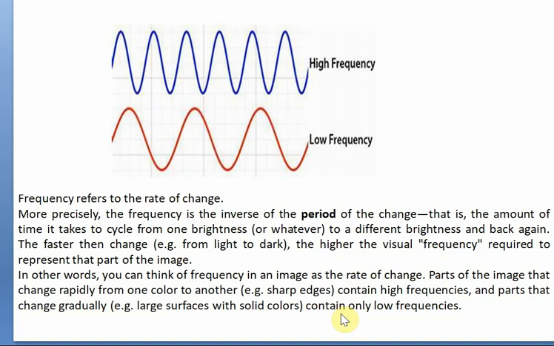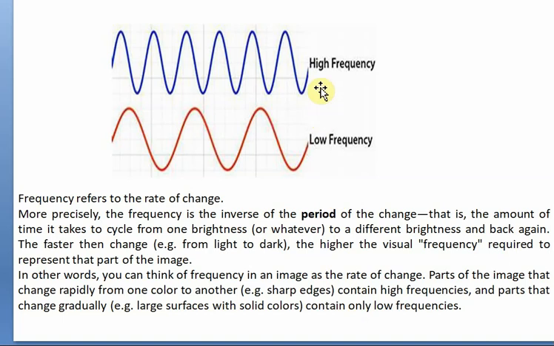In such a case, the pixel intensity variation is similar or low. So that is nothing but the surface of the image, the surface of the object in the image. So the word edges is related to high frequency, and the region or surface of the object is related to low frequency.